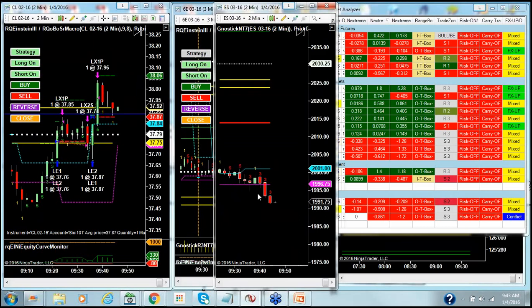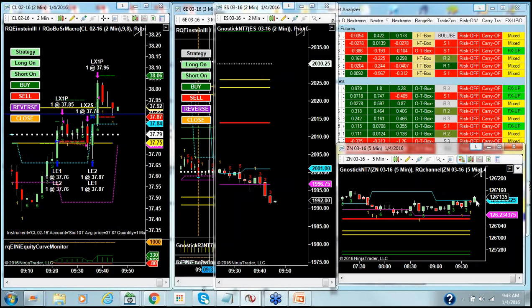Zone 3, higher risk. The notes, same thing. It's out of our range. But definitely risk off has been in play ever since the Asian and London sessions. The carry trade is unwinding, and in the FX asset class and the currency asset class, it's mixed. So that's what we've got.